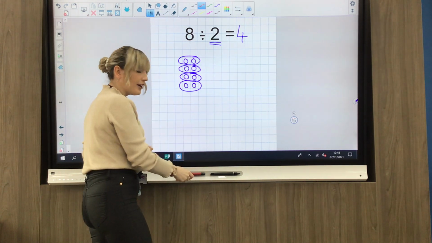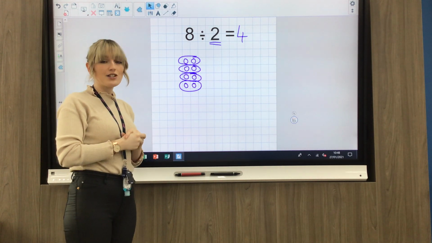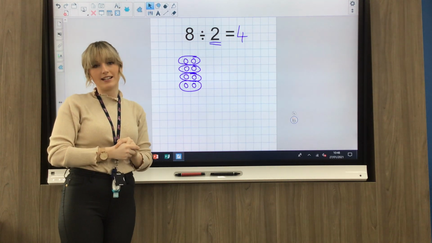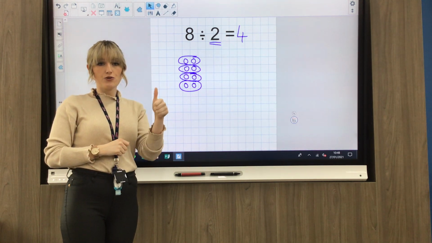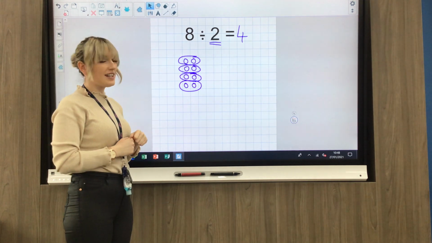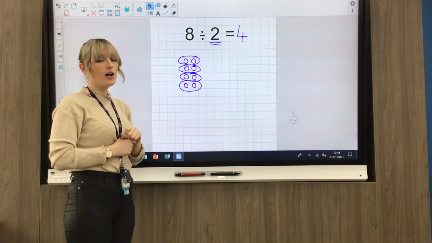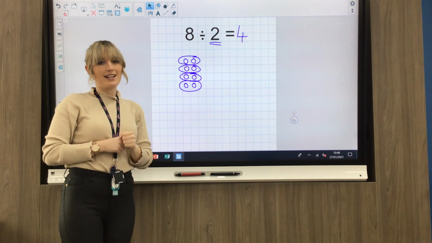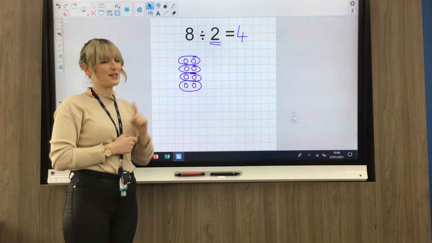Now, our learning question today says, can I solve questions mentally? That means in your head. Remember, if you're struggling, use drawing, but I think you could work these out in your head. What we'd do is count in 2s until we get to 8. We must remember to stop at the beginning number of our number sentence, so stop at 8.